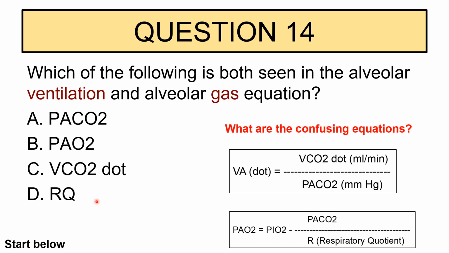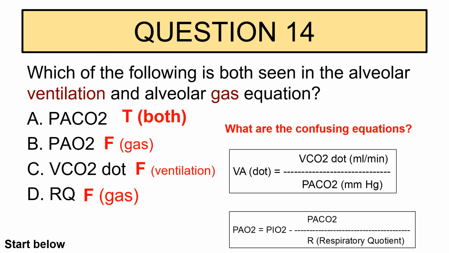So RQ, is it both seen? No. VCO2 is only seen in the alveolar ventilation equation. The PaO2 is only seen in the alveolar gas equation. And the PaCO2 is seen in both the alveolar ventilation and the alveolar gas equation. So that's the correct one.